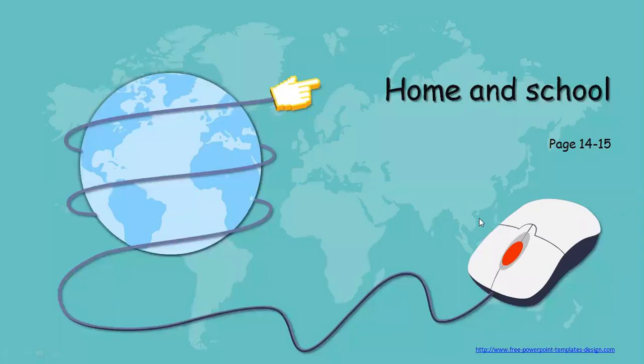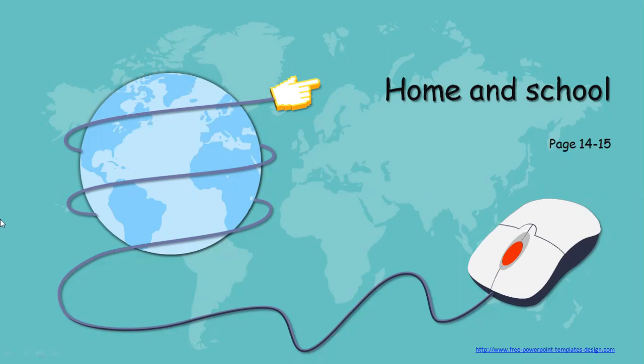The name of the lesson in computer is Home and School, which means how we use computers in the home and school. We are going to make a comparison. It is on page number 14 and 15 of your computer book.